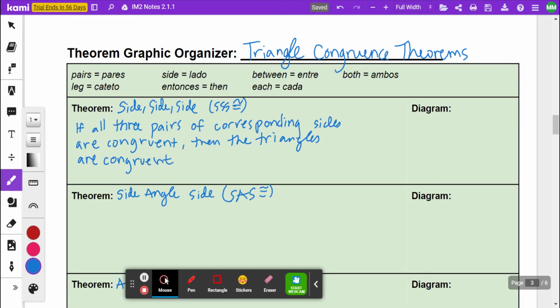Here's a quick diagram. Remember your tick marks, everybody. They're super important. This is an example of side, side, side congruence.